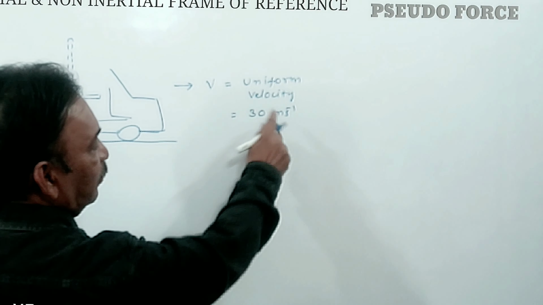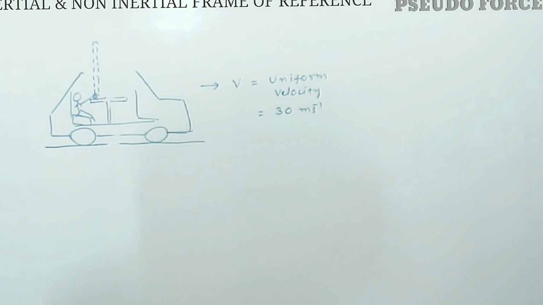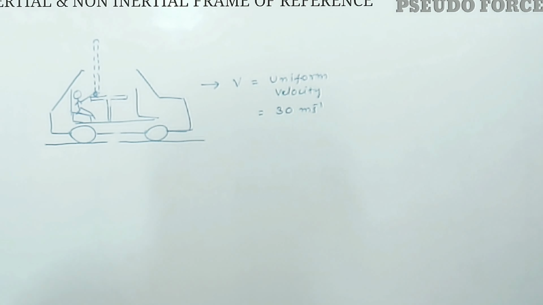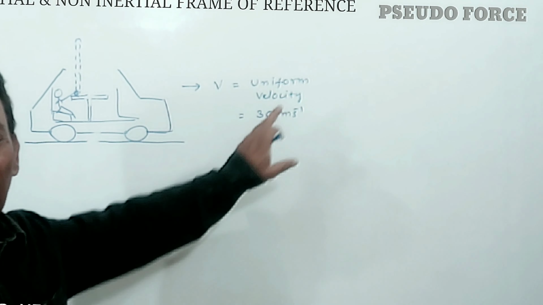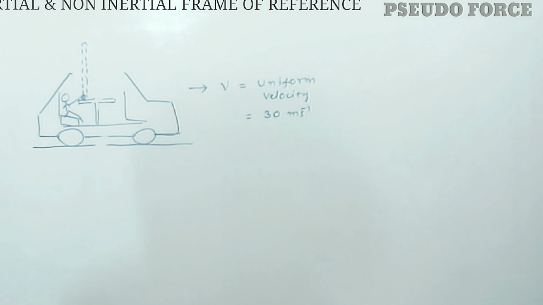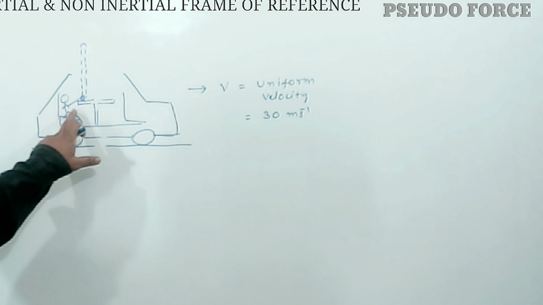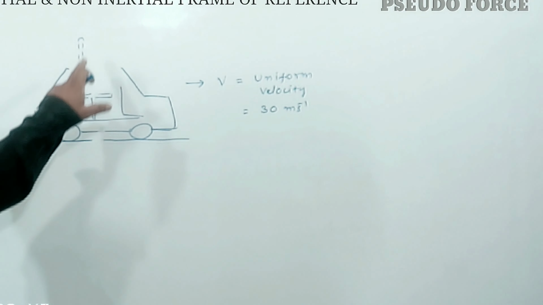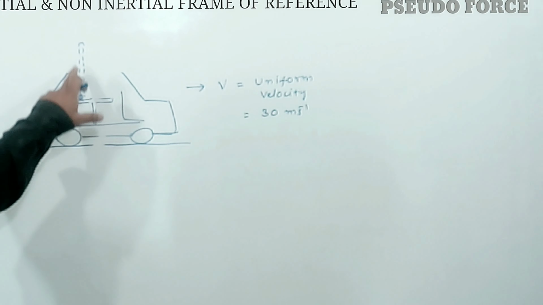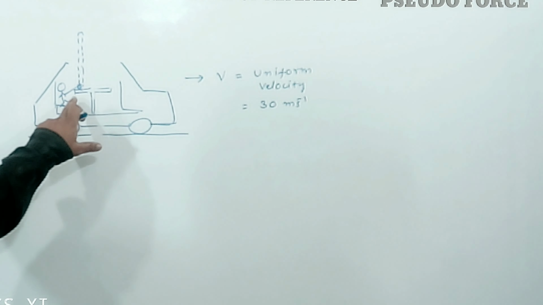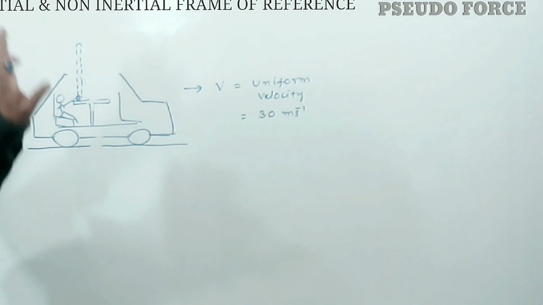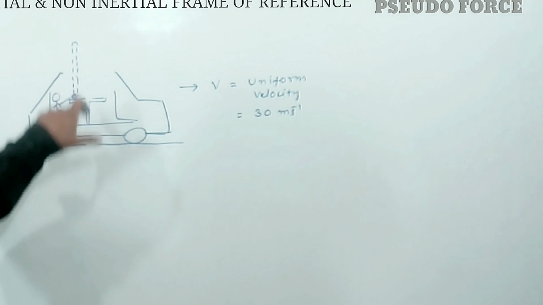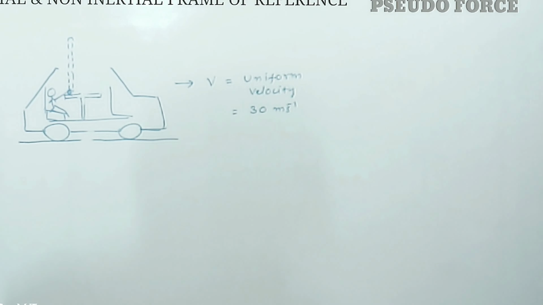In every second, the body is traveling a distance of 30 meters only. Okay, students? Here, what's happening? The ball has been thrown by him with a particular speed, vertically up. Then again it is reaching his hands.